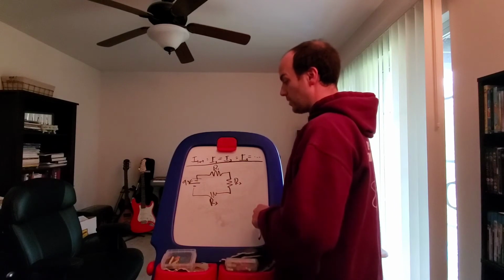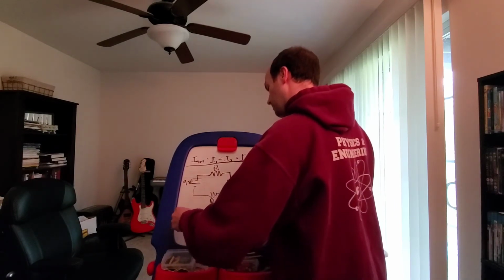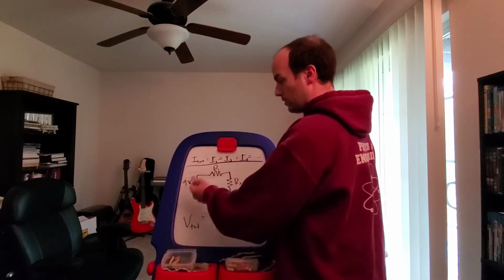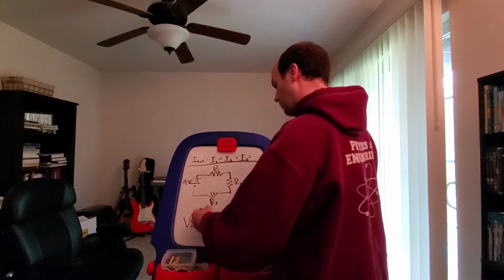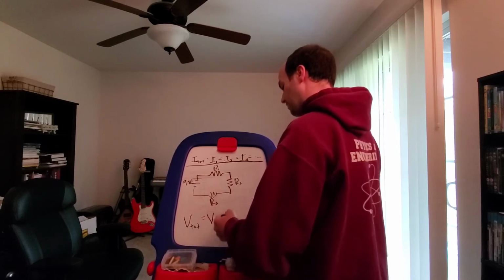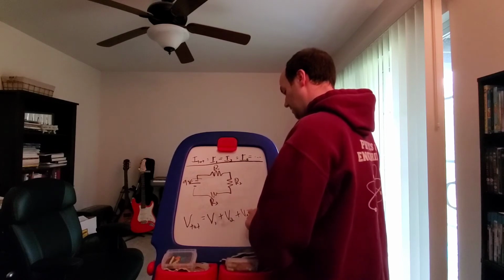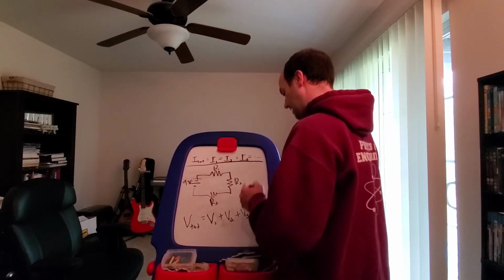So when dealing with our voltage, we see that the total voltage, okay, so the voltage from the source equals the sum of the voltage across R1 plus the voltage across R2 plus V3, plus dot, dot, dot, right?